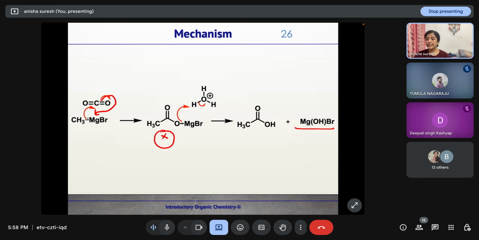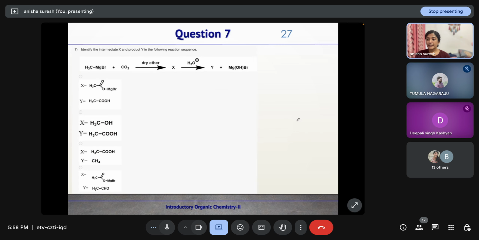First the Grignard will add on to the carbonyl carbon of CO2, resulting in this intermediate X, and that upon hydrolysis will lead to the formation of carboxylic acid, and MgOHBr will be eliminated. So option A is the right answer in this case. Any doubt? No, ma'am. Okay.